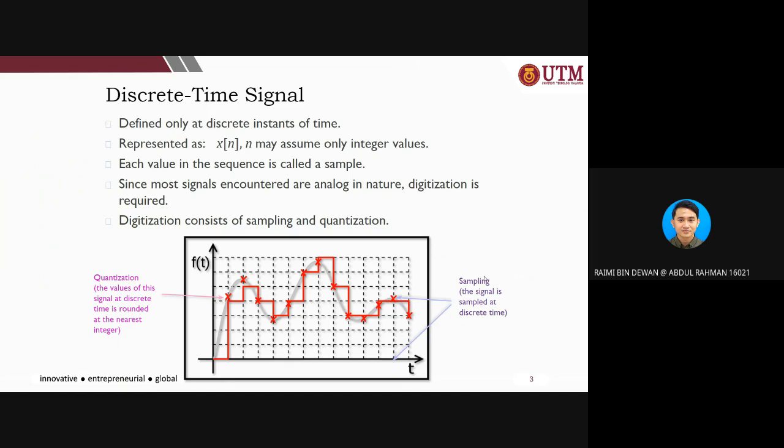And next is sampling. In sampling, the signal is sampled at discrete times. For example, it is sampled here, here, and here. If you realize, there is no sampling in between, so that's why it is discrete time, because it is not continuous. We only sample at discrete times which are set by us. You can define, for example, sampling every 3 seconds: 0, 3, 6, 9, and so on.